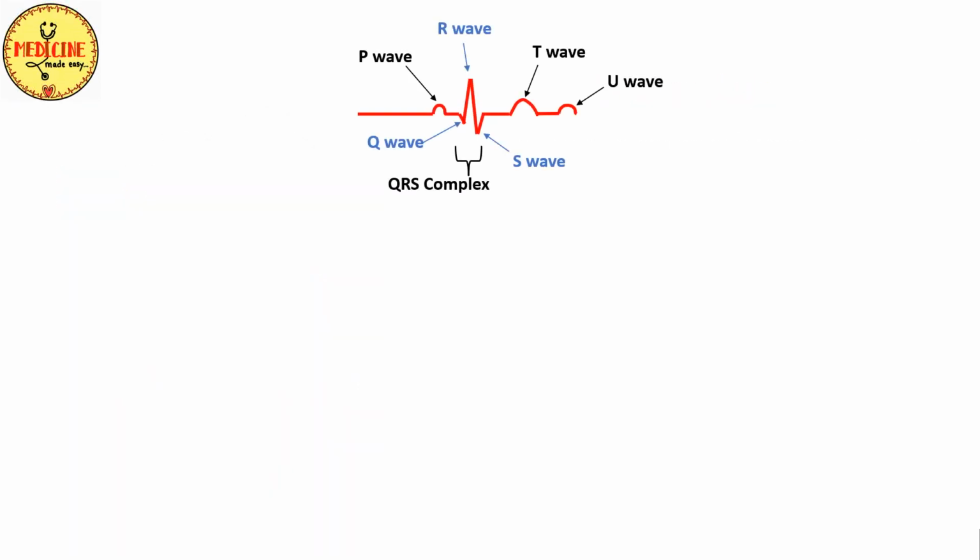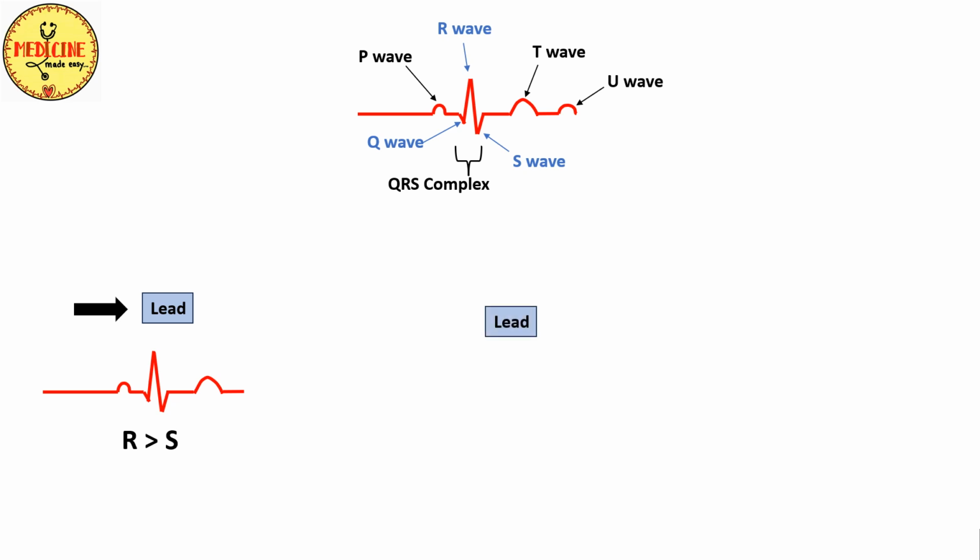Before moving on to interpretation of cardiac axis in an ECG, let's learn some basic concepts. I hope you remember the basic components of an ECG waveform: P, Q, R, S, T and the U wave. If an electrical impulse is moving towards an ECG lead, the waveform produced by that particular lead will have the size of its R wave greater than that of the S wave, as shown here.